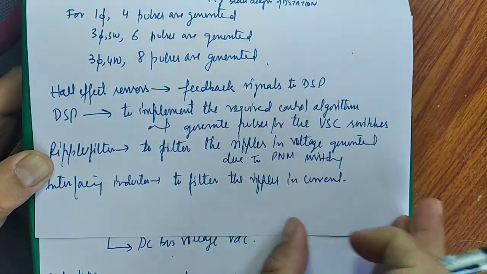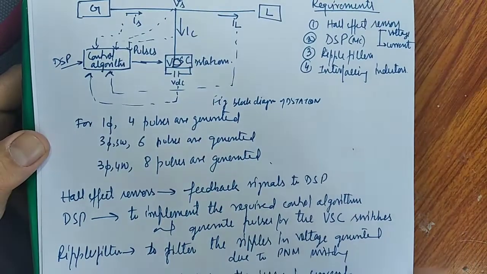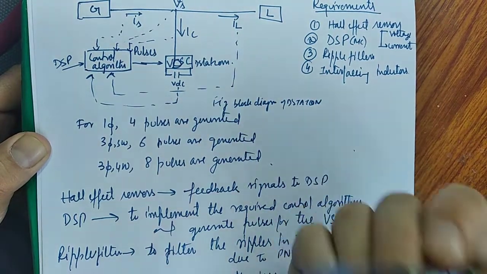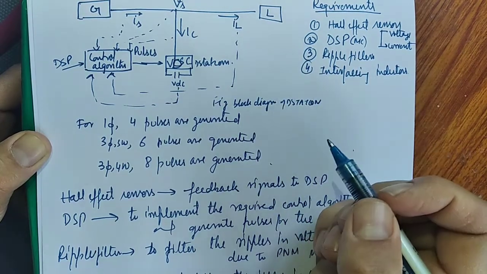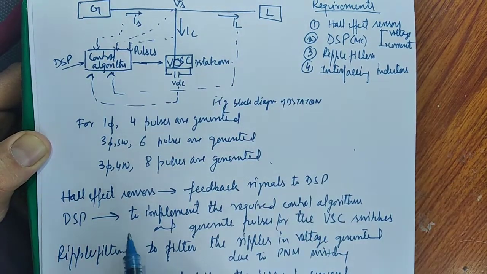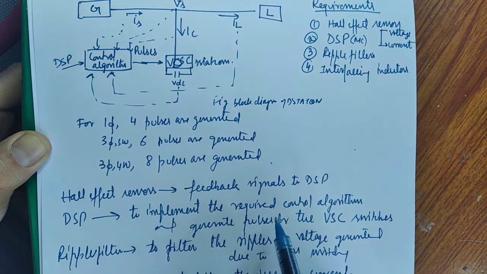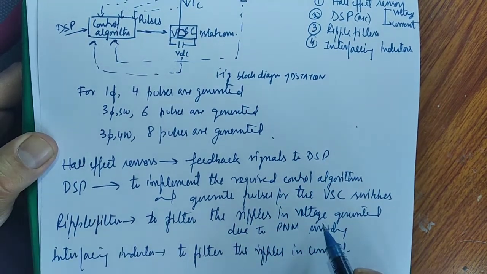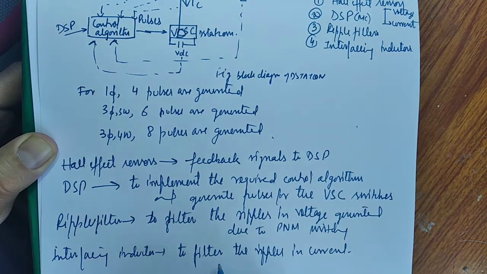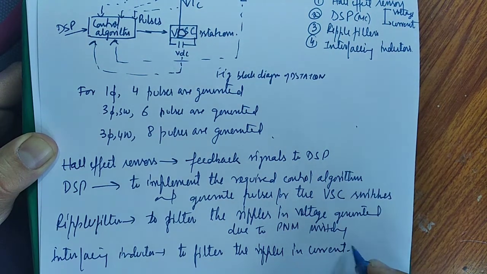We sense the source voltage, source current or compensator current, load current, and DC-link voltage, and these are fed back to the DSP to implement the required control algorithm and to generate pulses for the VSC solid state switches. The ripple filter filters the ripples in voltage, or harmonics in voltage, generated due to switching. The interfacing inductor filters the ripples in current generated due to switching.